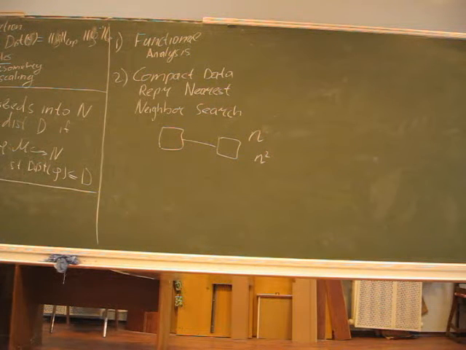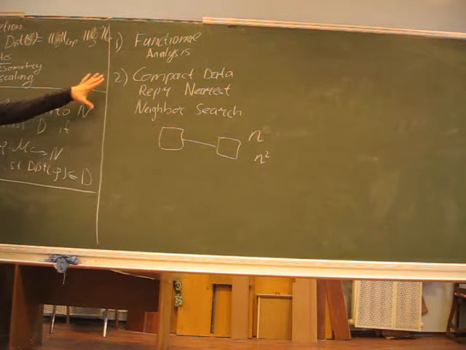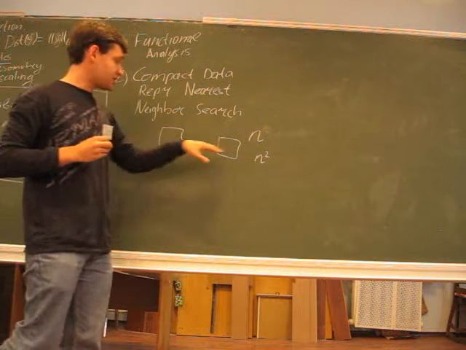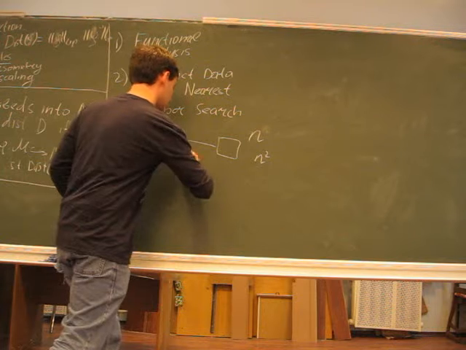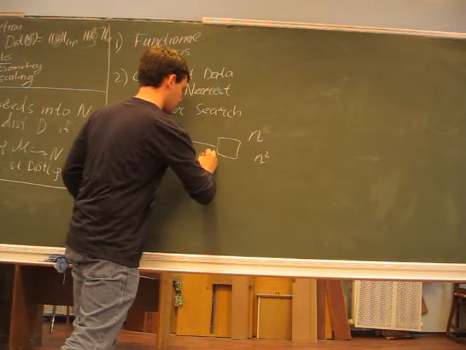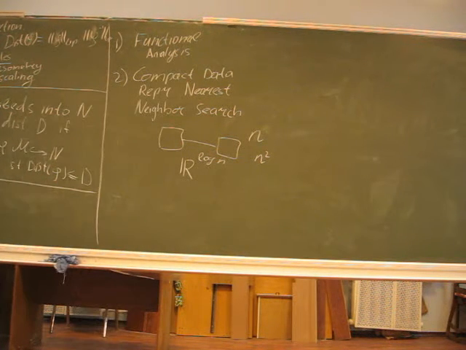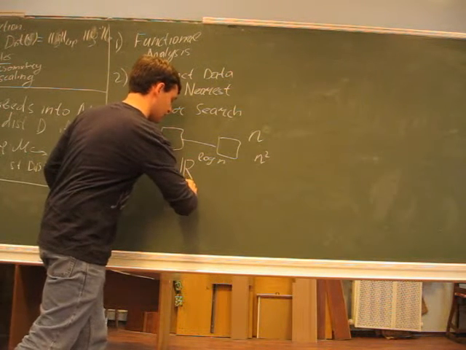Now assume that we know by some reason that our metric space on web pages embeds into a low-dimensional space. Say it embeds into log n-dimensional space. Then we need just to store n log n numbers.